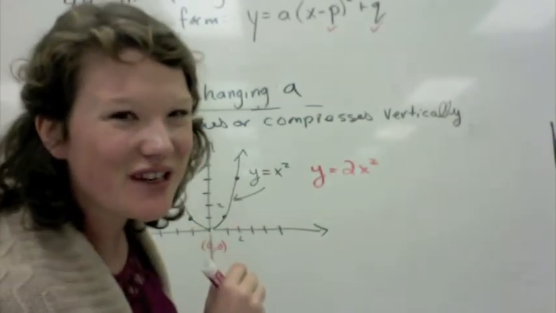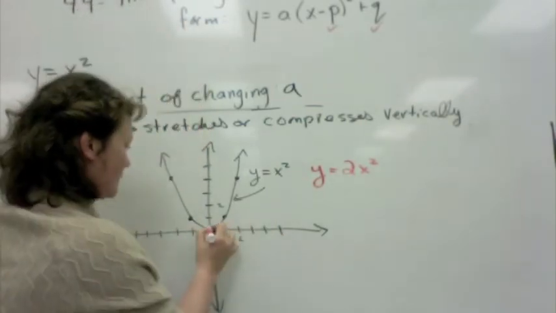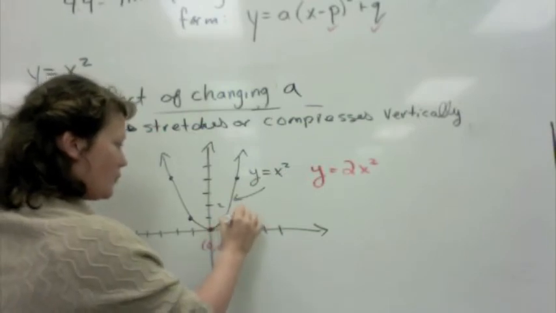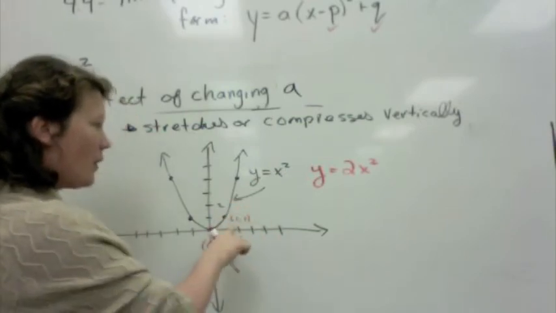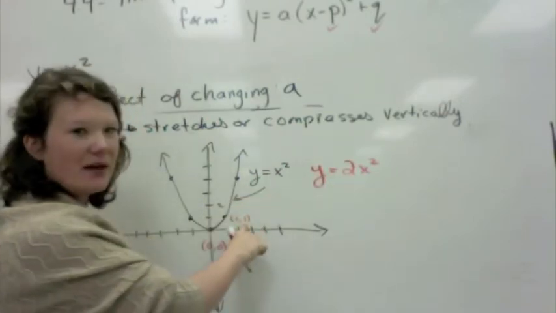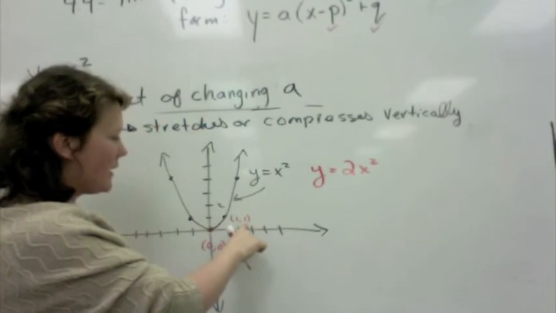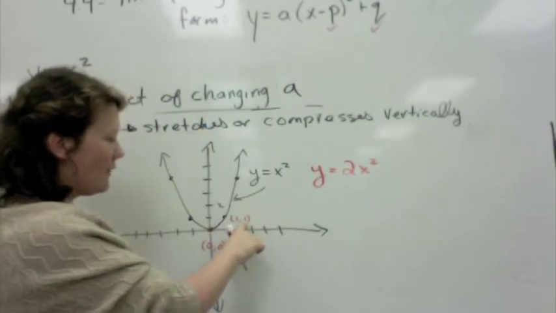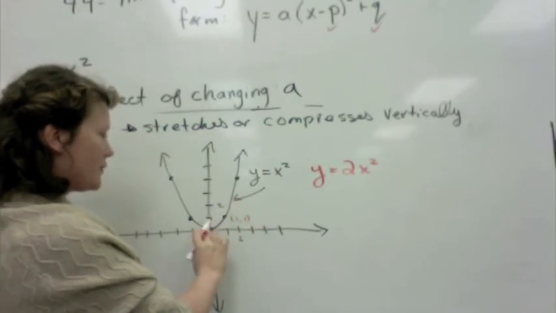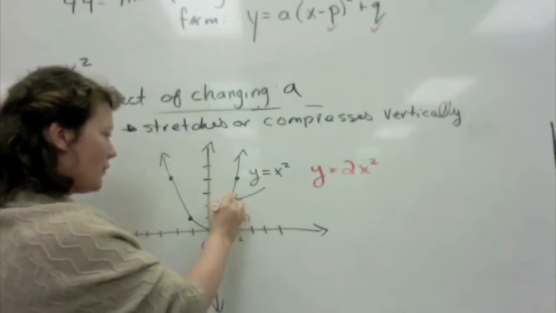Guess what? 2 times 0, still 0. So this doesn't move. But this point right here is 1, 1. What we want to do to get y equals 2x squared is multiply the y variable by 2. So it's not going to be at 1, 1 anymore, but it's going to be at 1, 2.